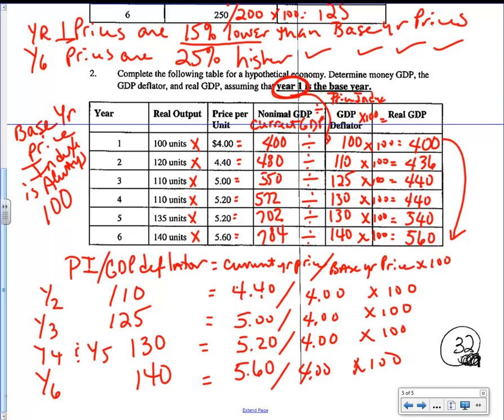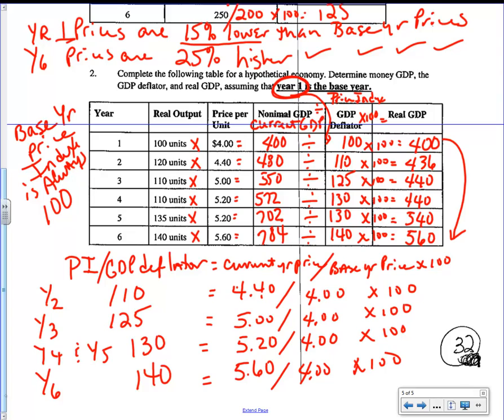Year 3, year 4 is the same. We grew by 100 from year 4 to year 5, and from year 5 to year 6 we grew by 80. So in order to figure out have we experienced economic growth absent of inflation, we have to look and compare real GDP.